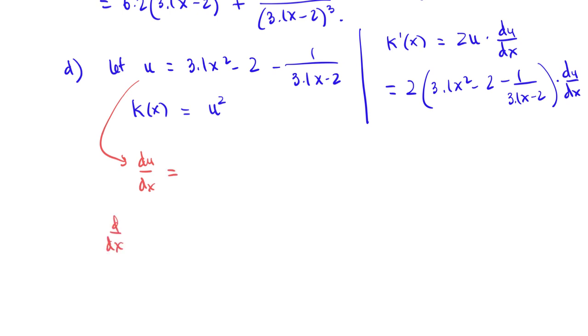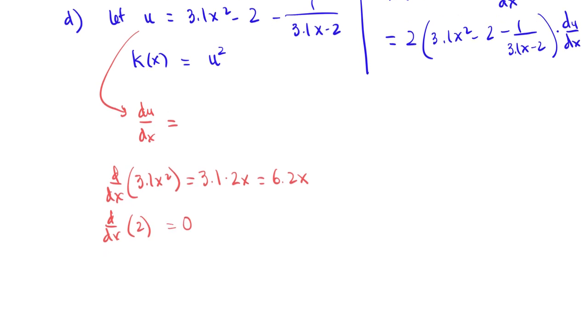This notation means derivative. The derivative of the first term, 3.1x squared, is 3.1 times 2x, which is 6.2x. The derivative of the second term, 2, is 0. The derivative of the last term, d dx of 1 over 3.1x minus 2, can be rewritten as d dx of (3.1x minus 2) to the power negative 1.